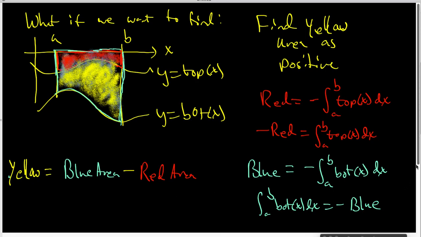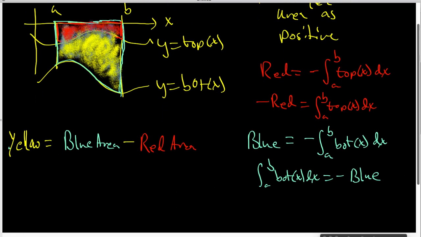So now it's a matter of plugging in the integrals and doing some simplifying. So my yellow area is going to be, well, the blue area as a positive area is this thing here. It's got a minus sign in front of the integral. So I am going to very carefully put that in. It is minus the integral between a and b of bottom dx.